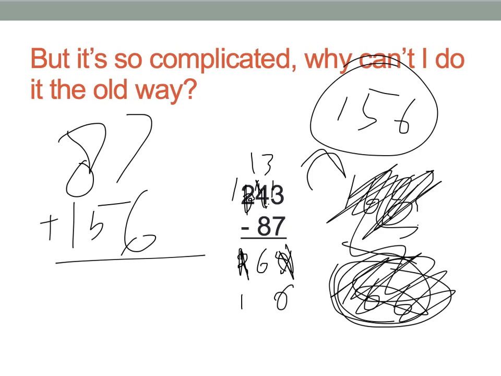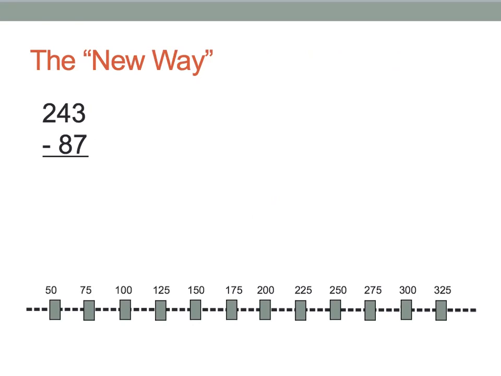So, let's look at it the new way. So, we have 243 minus 87. Really, what we want to know is what's the difference between 243 and 87. So we start off here at 87. Now I know that 87 plus 3 gets me to 90. Right? So 90. 90 to 100 is 10.